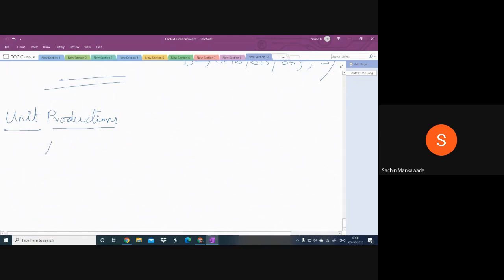Any production of the form, take the notes. Any production of the form A derives B, where the left side is a single non-terminal and the right side is also a single non-terminal.